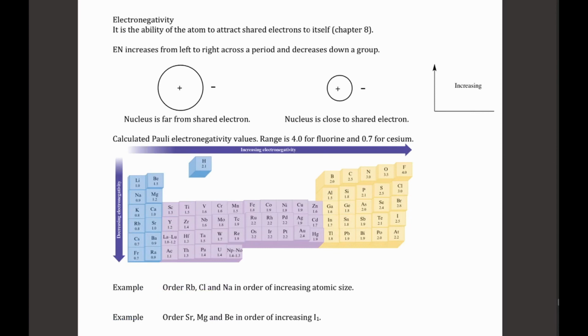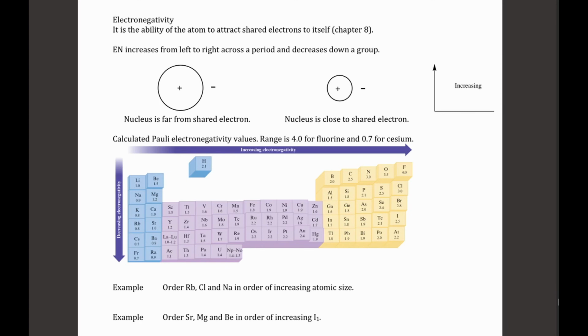Electronegativity. It is the ability of the atom to attract shared electrons to itself. This is a concept that we will very much use in chapter 8. I bring it up here because it's a trend in the periodic table, so I want you to think of it in that sense. So I brought it here into our chapter 7 notes.